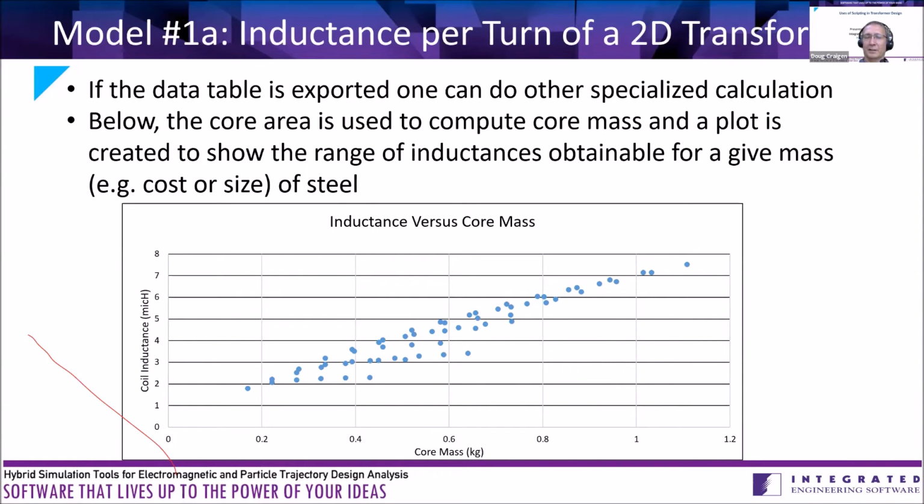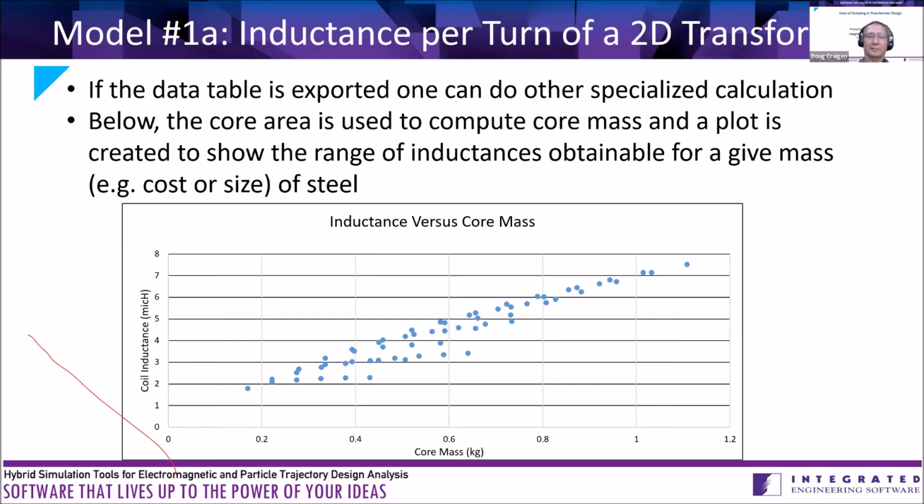So here in Excel, I've used the area along with a proposed steel to say, okay, if I'm looking at it differently, I don't care about these widths so much as in total, how much steel am I using? How heavy is this thing? How much mass have I used up?